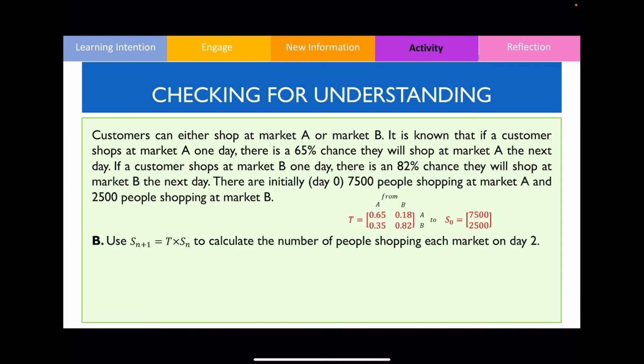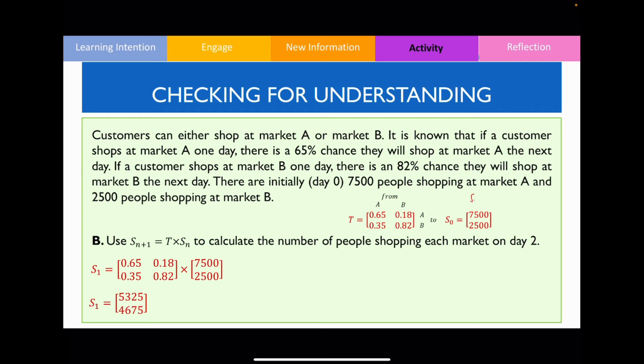Part B of this question wants us to use the recurrence relations to calculate the number of people shopping at each market on day 2. So we need to first find the values of S1, so then we can find the values of S2. S1 can be found by multiplying the transition matrix by S0, and if you do this on the calculator, this is going to be our answer over here. Now that we've got this answer, we can find the values of S2.